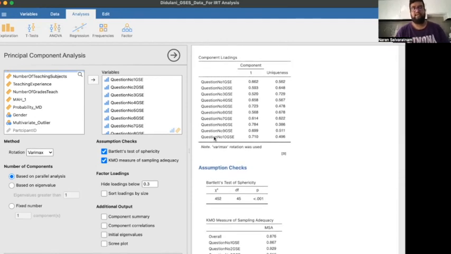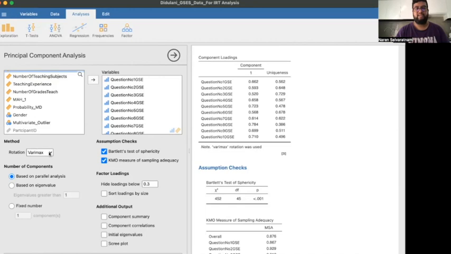But think about the scenario where you have a couple of factors in your scale, and the items get loaded under each of the factors. Now, sometimes the initial factor analysis solution or the PCA solution might not represent what we are expecting. So at that time, we engage in some rotations.